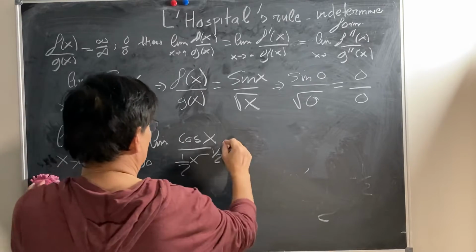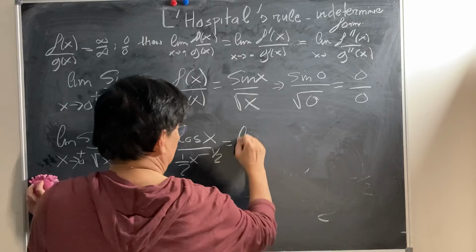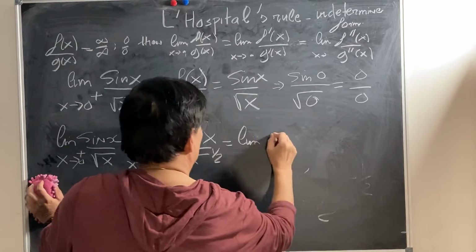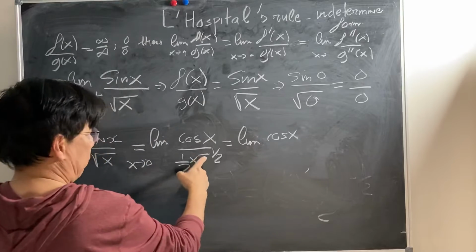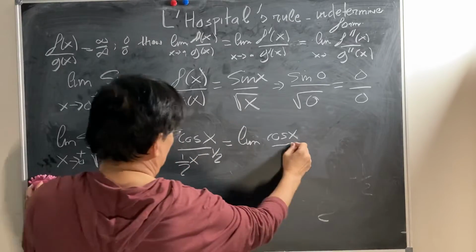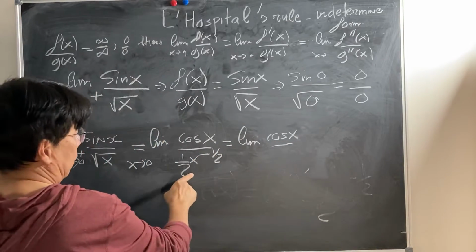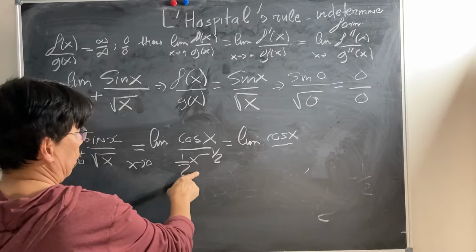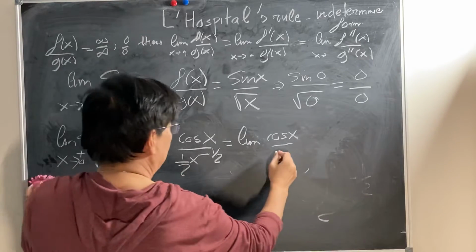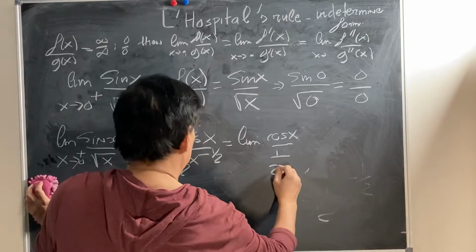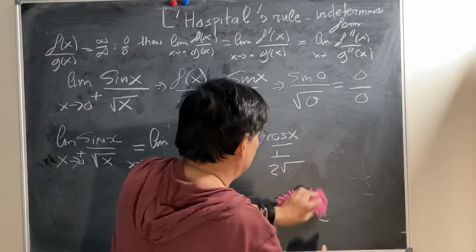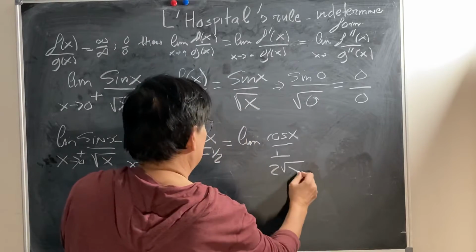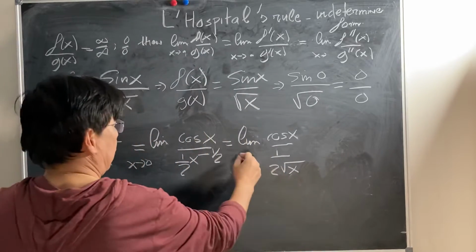This thing can be the limit of cosine x, and this x to the minus 1/2 you can move to the denominator. You get 1/2 square root of x, as x goes to 0.